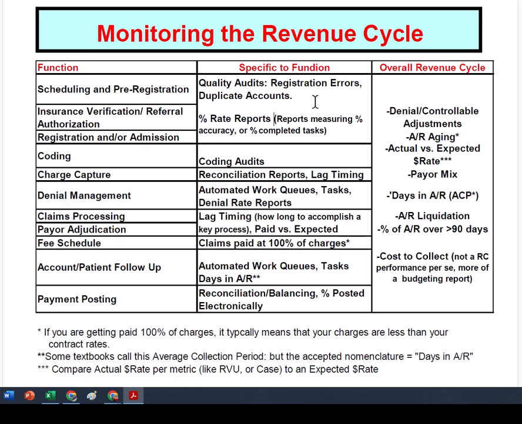So I sent an email to the administrator. You've got charges less than the approved work comp fee schedule. And he sent back one of the stupidest responses to a memo. He said, well, I understand that, but be happy that you're getting 100% of charges.